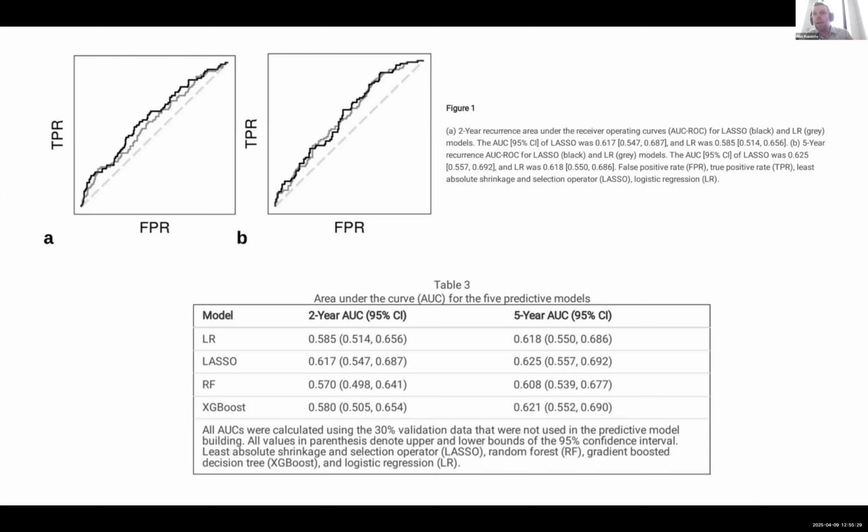And they did confirm that some of the features that seemed more important in the logistic regression and lasso models were the ones you would expect clinically. If one of the authors were here, I'd ask more about how this would pan out in clinical practice, but interesting stuff. Maybe I'll leave it at that.